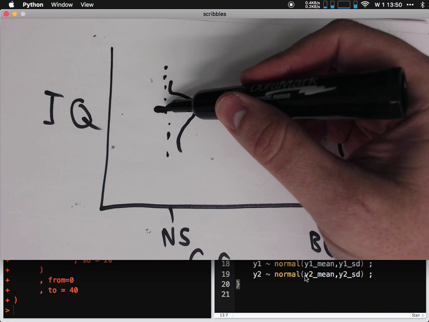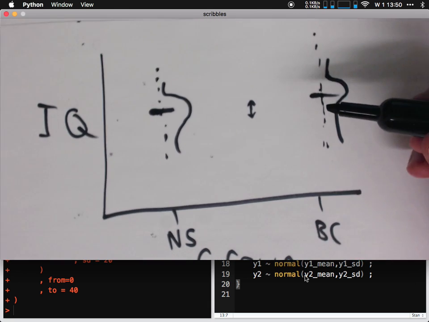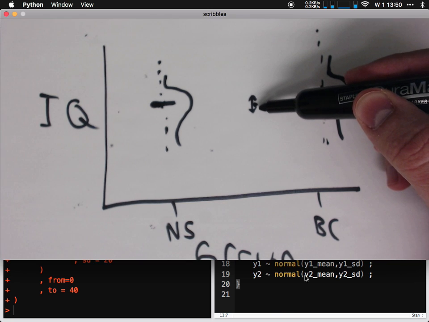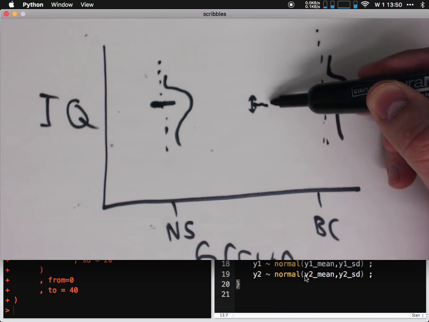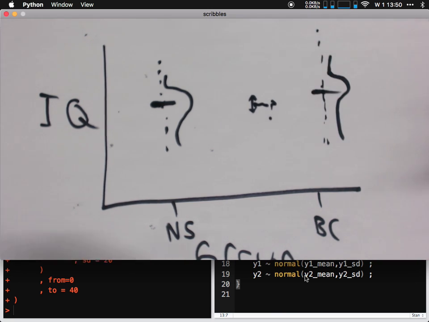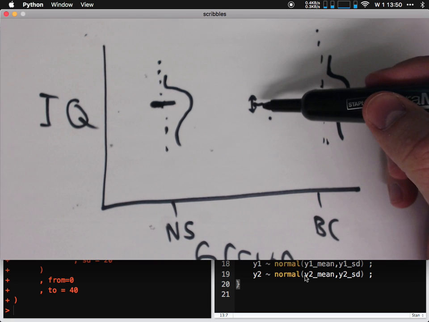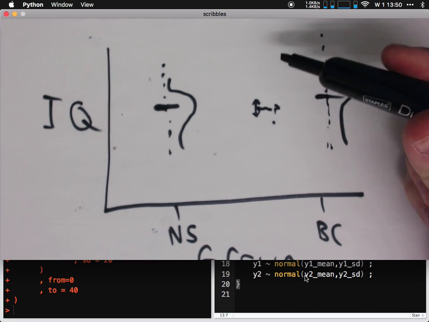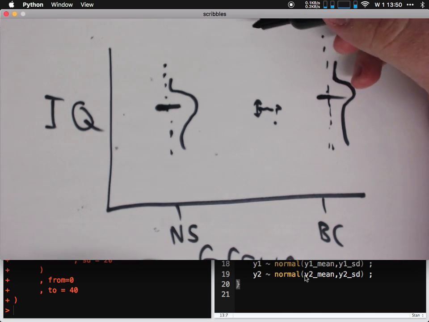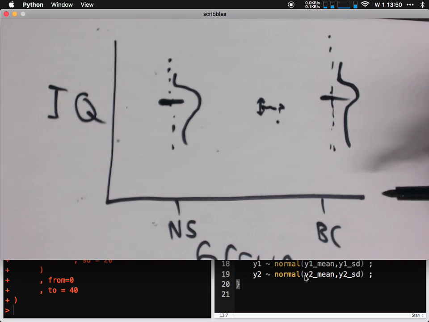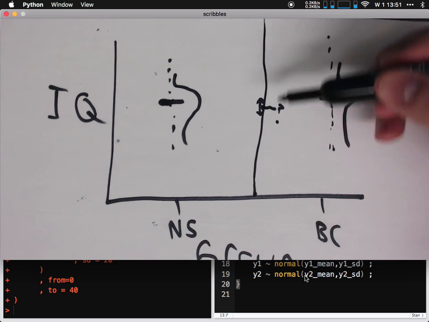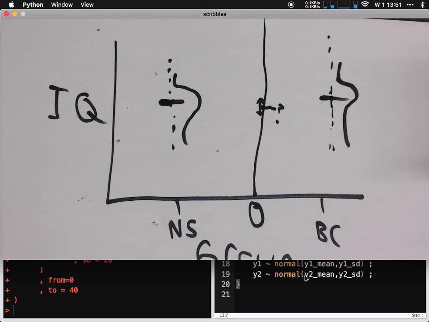So what is the center point between these two? You imagine there's some sort of point in the center, and the question is, what is that point? Another word for that point in the center is the intercept. You can think of this model as if you had a number line and you artificially put 0 right in the middle.